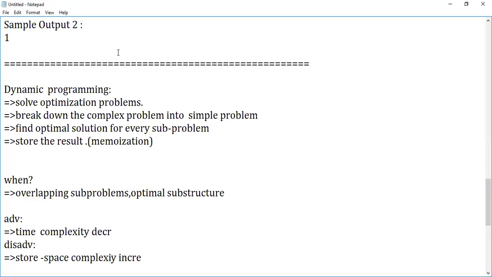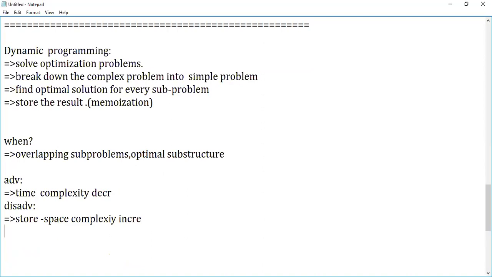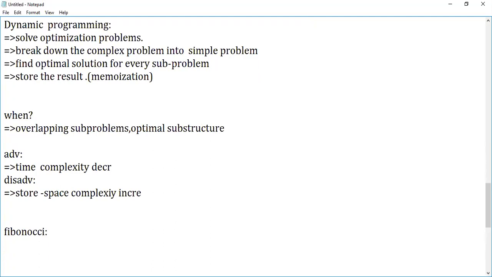Now I'm going to help you understand with a small scenario, guys. So far I've only spoken the theoretical part. Listen here, I'll write a small algorithm for the Fibonacci series. In the Fibonacci series, we know it is a number generation: 0, 1, 1, 2, 3, and so on.